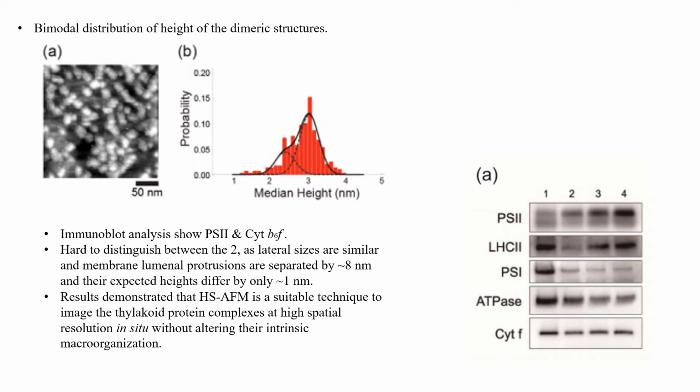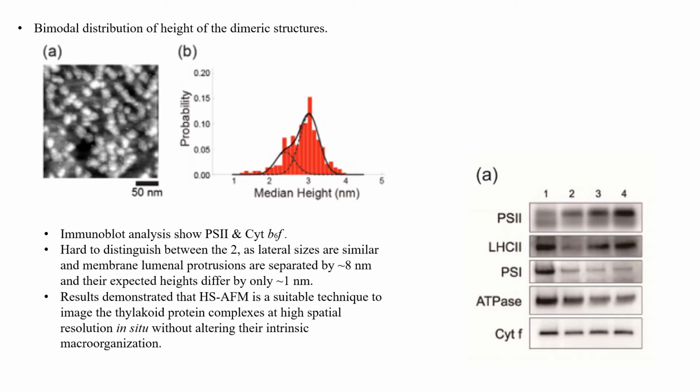Also, if you look at the bottom right figure, there is presence of ATPase in the fraction, because digitonin cannot completely disintegrate ATPase. The main reason this experiment was done was to capture the image that would be there in a native situation, and if ATPase was disrupted by using a higher concentration of other kinds of detergents, it could have hampered the native condition, and the distribution of PS2 and cytochrome b6f might have been altered.